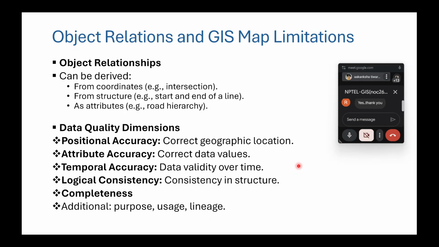So you need to also check for the temporal accuracy, whether that data is valid right now or not. Then there is logical consistency. So sometimes there can be inconsistency in the structure of the data. So those checks we need to do. And data completeness, that is also a data quality dimension. Okay. So these are some data quality checks that we need to do.